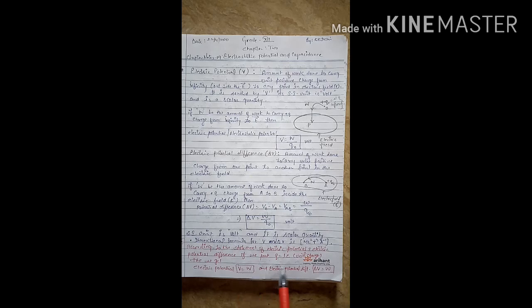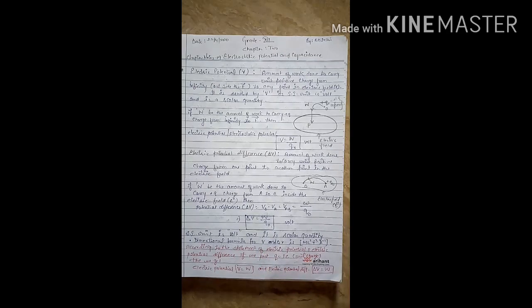On the other hand, under the same conditions, for electric potential difference we get delta V equals W. Here we see that the electrostatic potential difference is also numerically equal to the amount of work done to carry unit test positive charge from one point to another point inside the electric field.